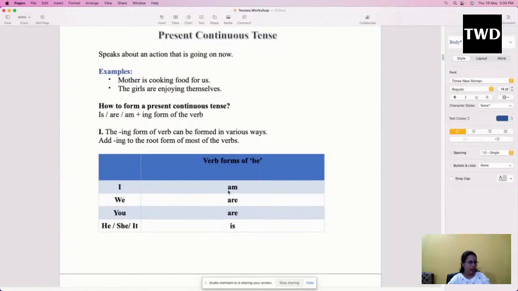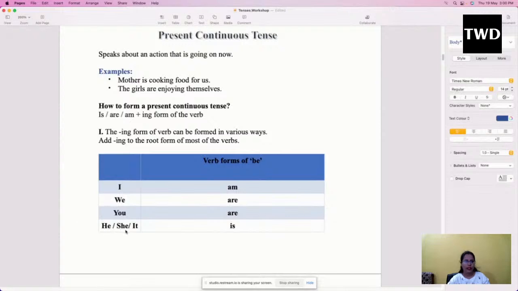So this comes under present continuous tense. We are learning English right now. We are. So that means the action is in continuous situation right now. The action is going on right now. You are learning English now.